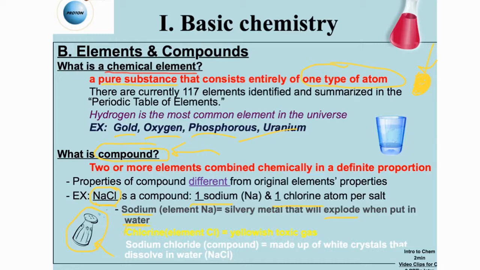What's chlorine? Chlorine is a toxic, poisonous gas. It killed thousands and thousands of people during World War I when they used it as a chemical weapon. But when you put those two things together, an explosive metal and a poisonous gas, what do you get? Sodium chloride, totally harmless. Put it on your French fries, put it in your chips, put it wherever you want, and eat it with your food.